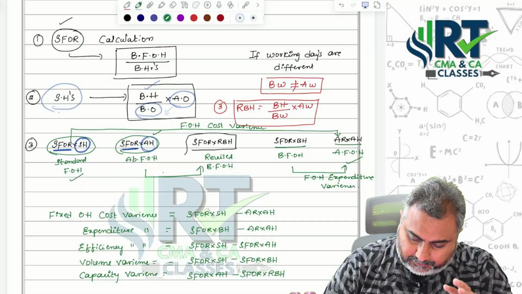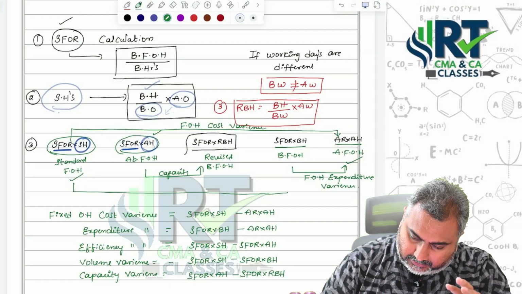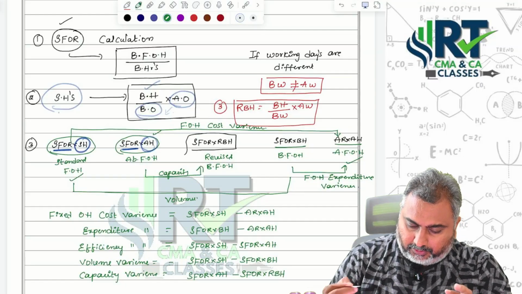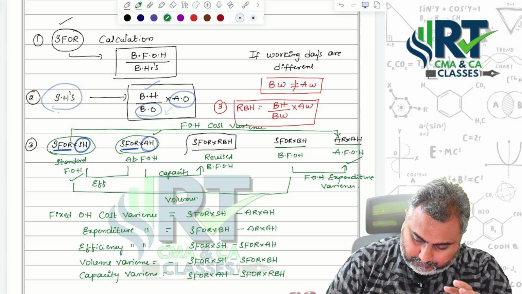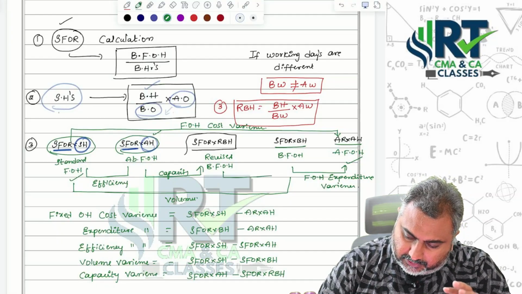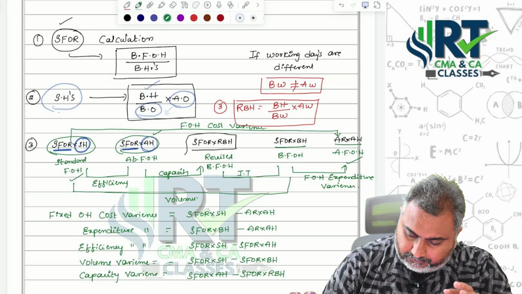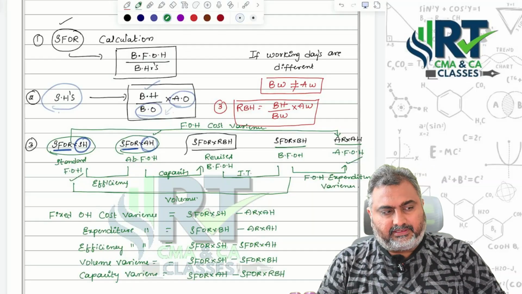This is what capacity variance. This is what volume variance. This is what efficiency variance. This is what, nothing but ideal time variance.